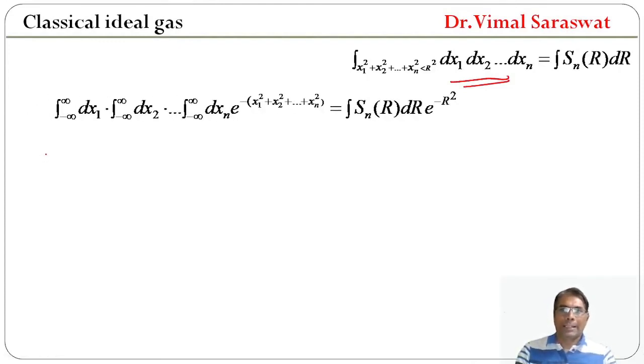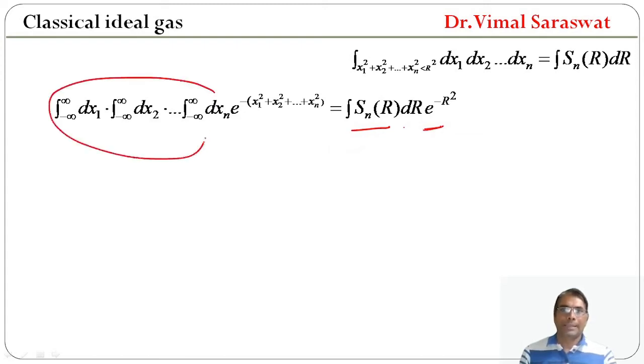Integration from minus infinity to plus infinity dx1, dx2, up to dxn, e raised to minus (x1 square plus x2 square plus xn square), is equal to integration S n r dr e raised to minus r square.